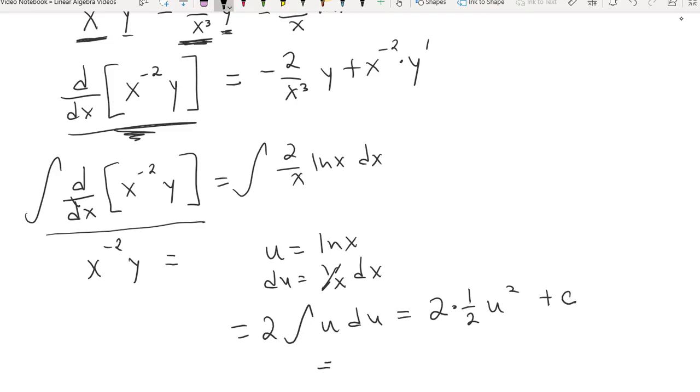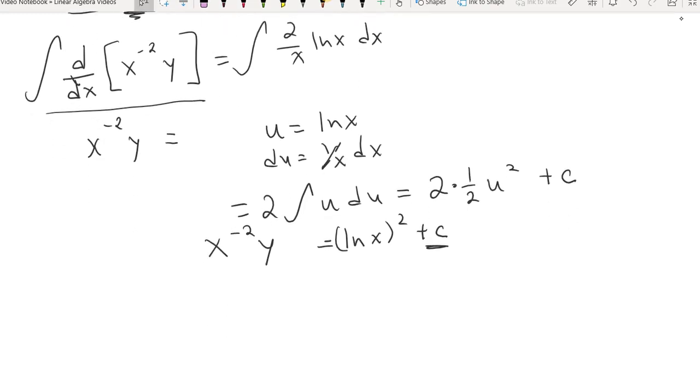And then when I substitute back in, I just end up with ln x squared plus c. All right, and we know now that that's equal to x to the negative 2y. So that's my c showing back up, the one that I'm going to actually need to put into my initial conditions. So it ended up coming back at the end anyways.